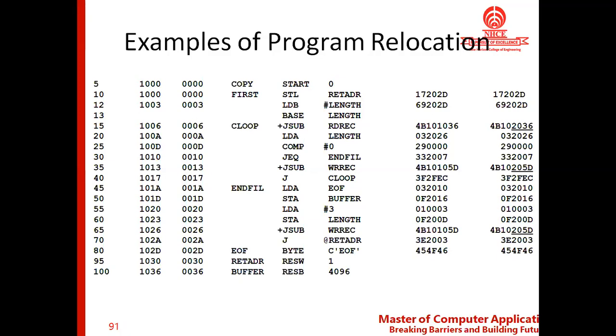Actually, the address field starts from 01036 in the object code, but we include the 1 also, because you cannot split the address at 7.5. So in location 0007, you have the address field that needs to be modified. And how many digits are to be modified?